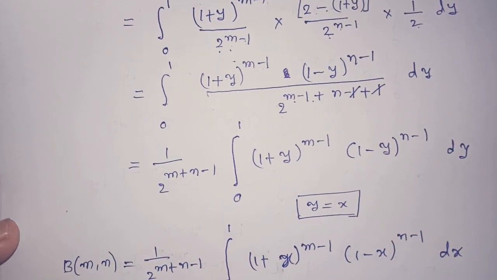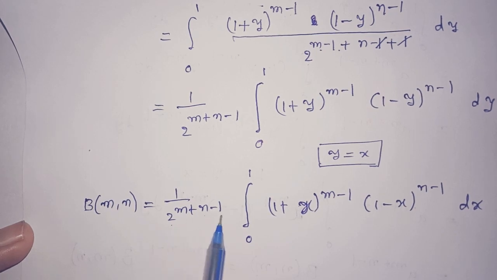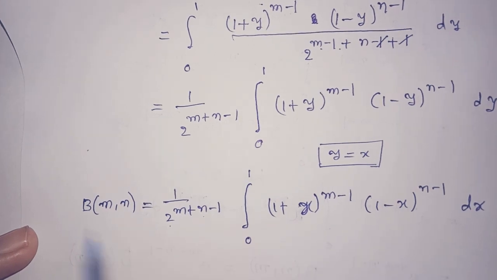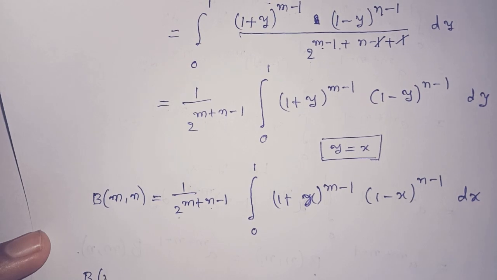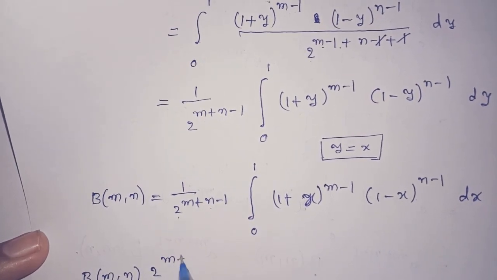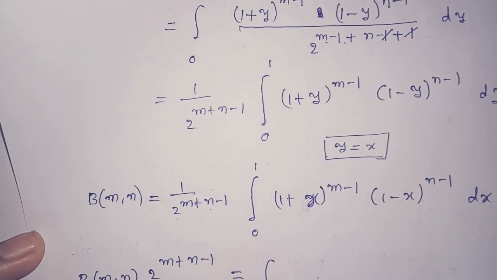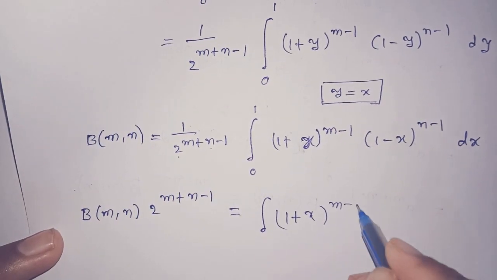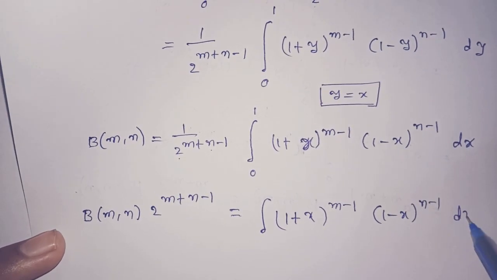Since 2 power of m plus n minus 1 is in the denominator, on taking it to the left side, we get B(m,n) into 2 power of m plus n minus 1 is equal to the integral within limits, (1 plus x) whole power of m minus 1, (1 minus x) whole power of n minus 1 dx.